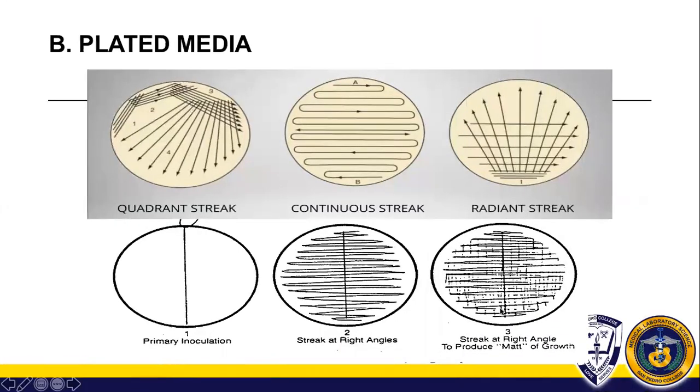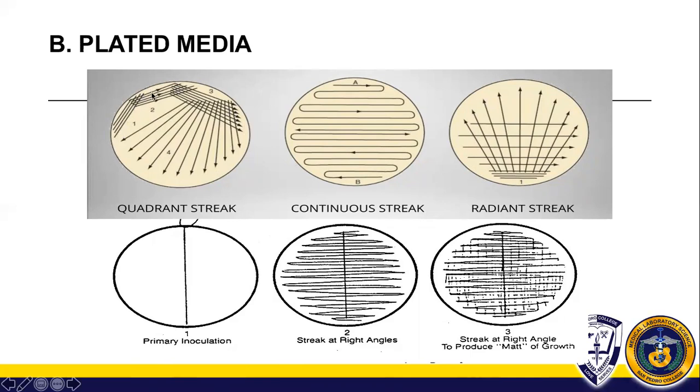Now for plated media, we can inoculate our organisms in different ways, through streaking. So the manner of inoculating on plated media is streaking. We have quadrant streaking. This is the common way of inoculating on plated media. It is called quadrant because we divide the surface of the media into quadrants.